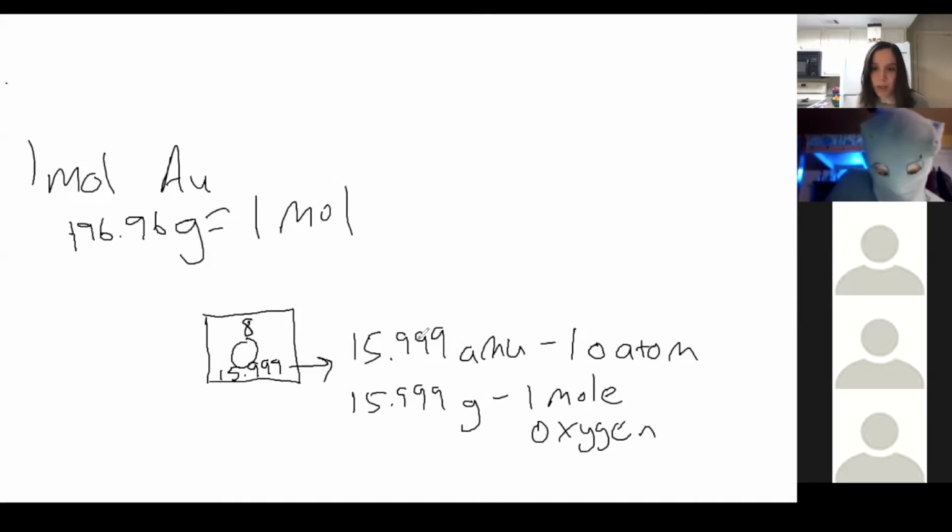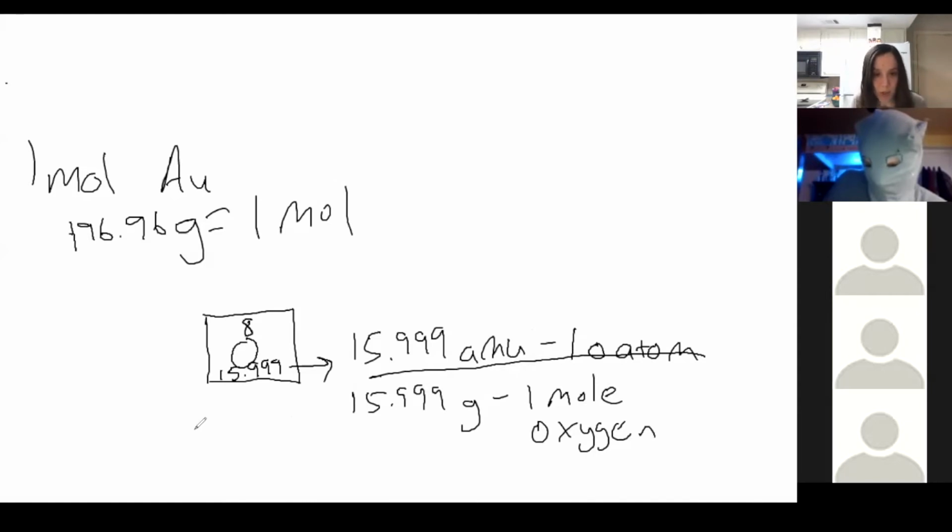So this number has 2 different units. They tell you 2 different things. It tells you both the mass of 1 atom in AMU, but also tells you the mass you need to get 1 mole of a certain element.